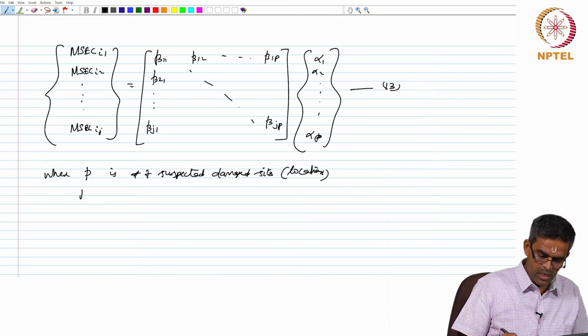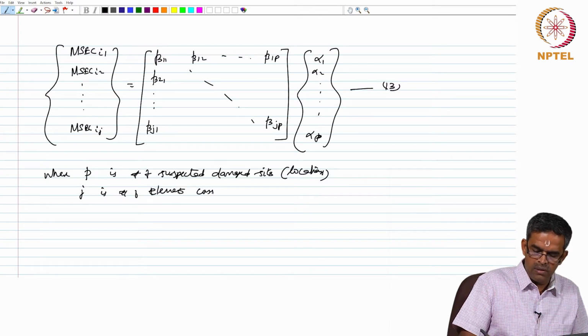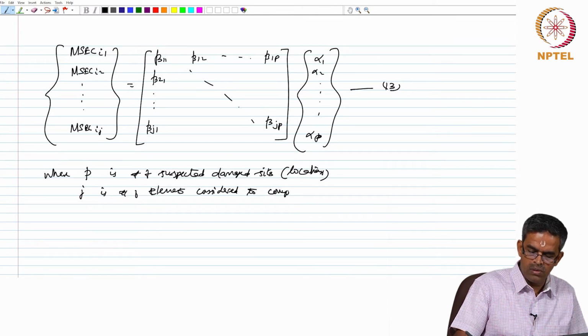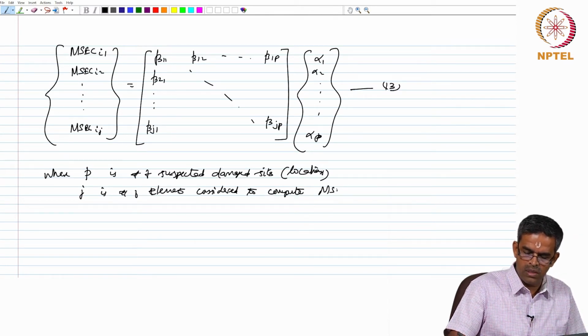J is the number of elements considered to compute the modal strain energy correction.